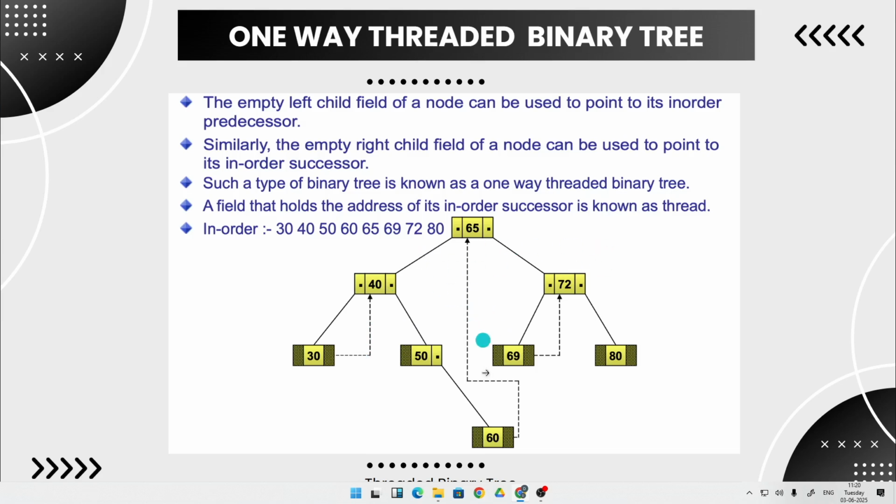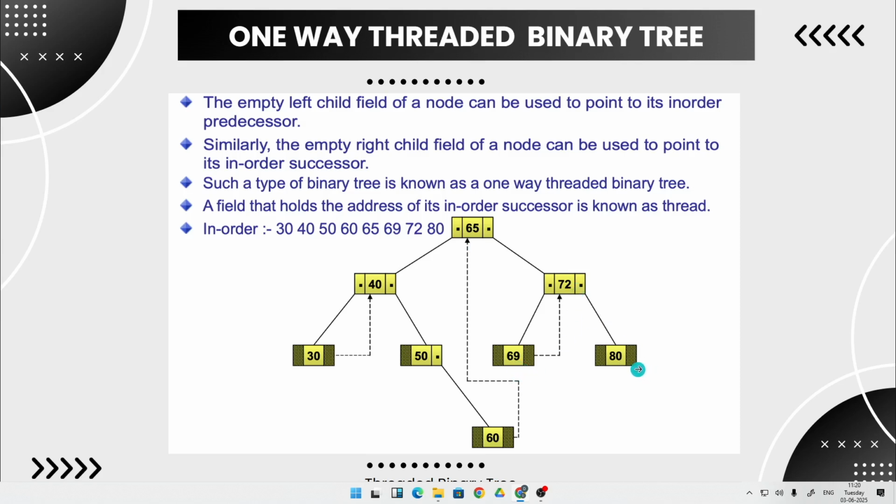And here we have a pointer from 60 to the root node, because 60 happens to be the rightmost node in the left subtree, and its immediate successor naturally becomes the root node, so there is a pointer to the root node, which is 65. And similarly, we have a pointer to the immediate successor from 69, which is 72.